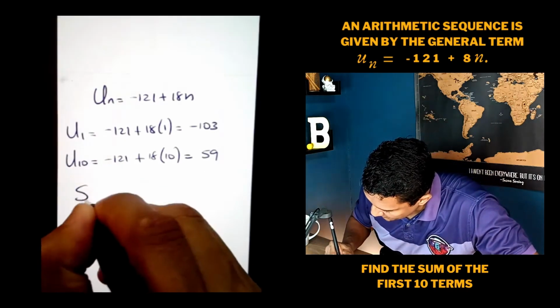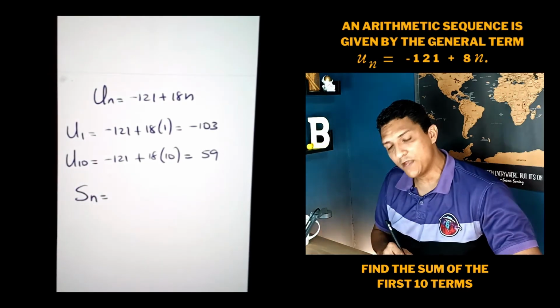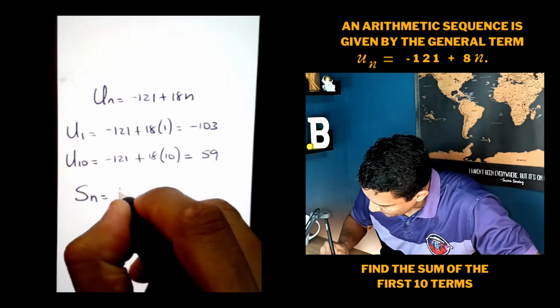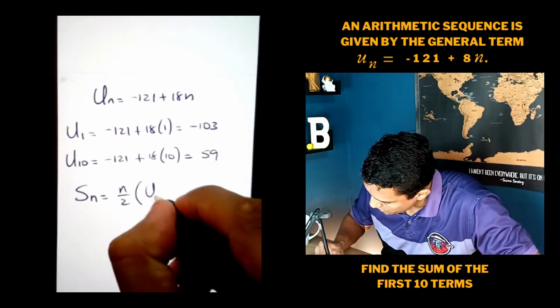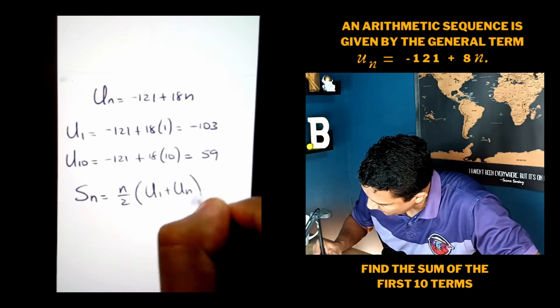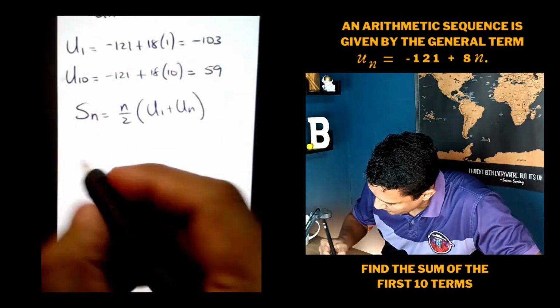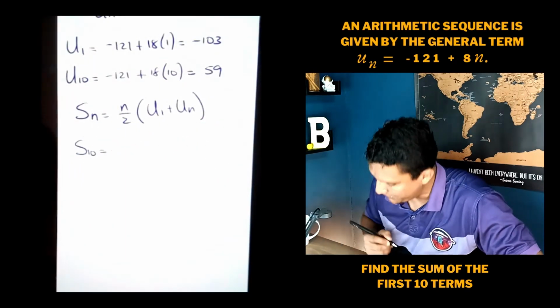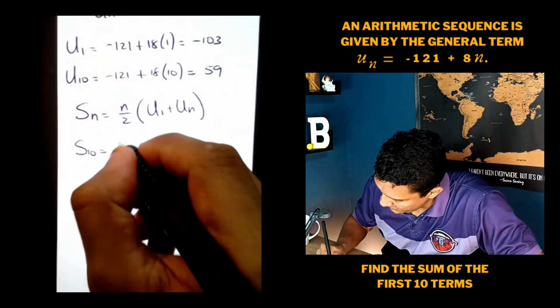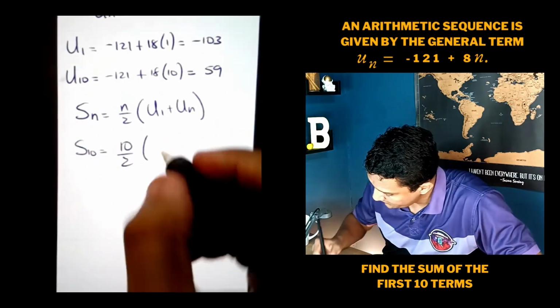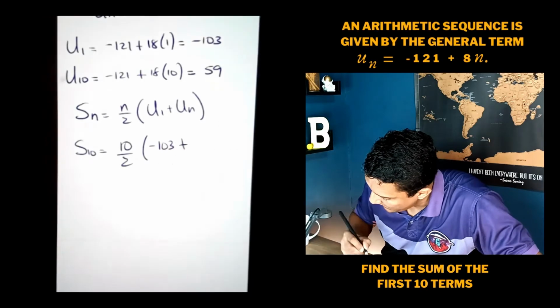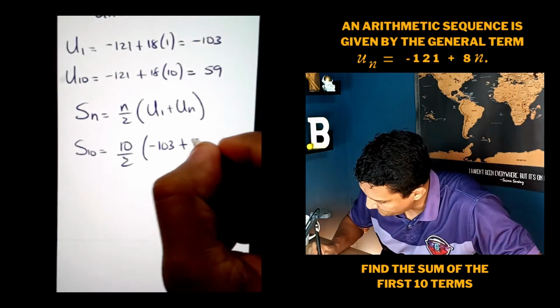So remember that the second formula of the series is n over 2 times u1 plus un. And now what I'm going to replace is the values that I know. n is equal to 10, u1 is equal to negative 103, and u10 is equal to 59.